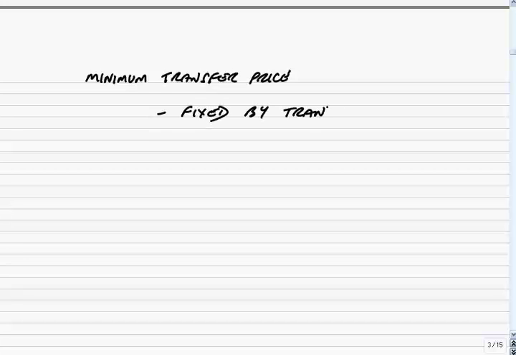First of all, the minimum transfer price, it's always fixed by the transferring division. In my examples throughout, it was division A. And it's always the marginal cost plus any lost contribution.